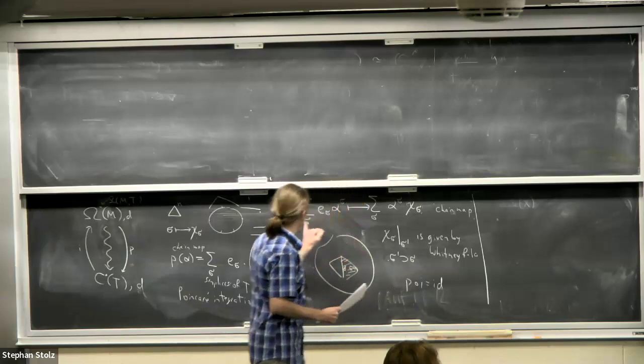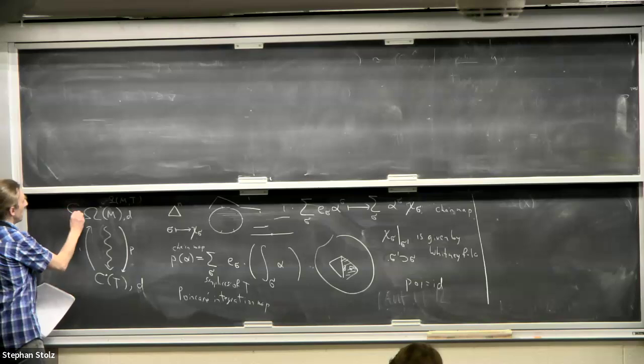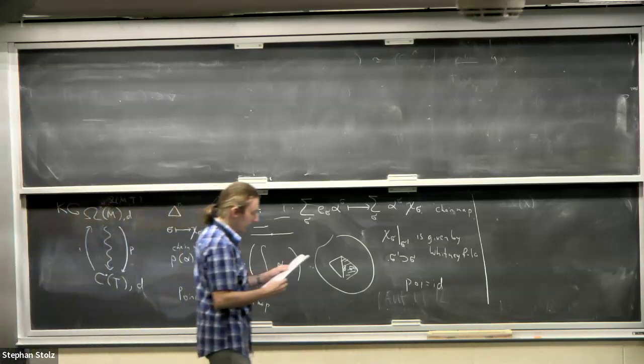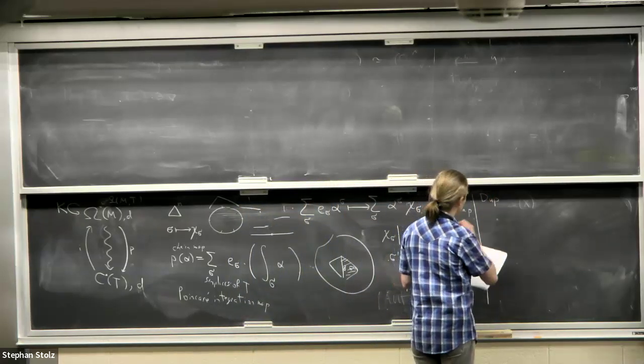Okay, so I think I explained part of the data, the inclusion and projection. Now the key part is the chain homotopy, and there is a nice choice here, which is due to Johannes Dupont.